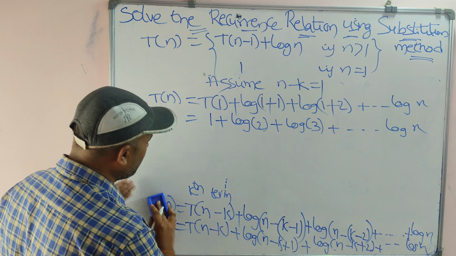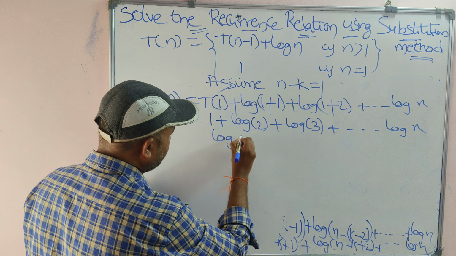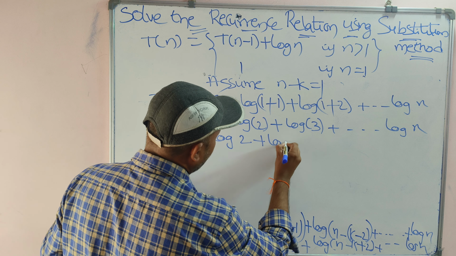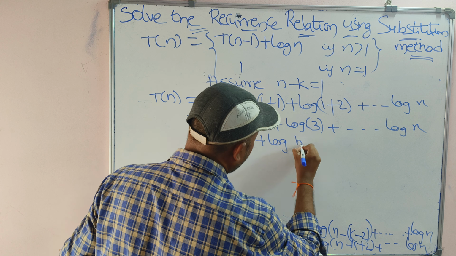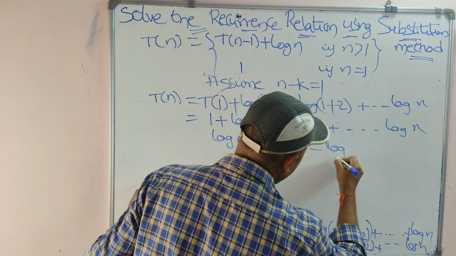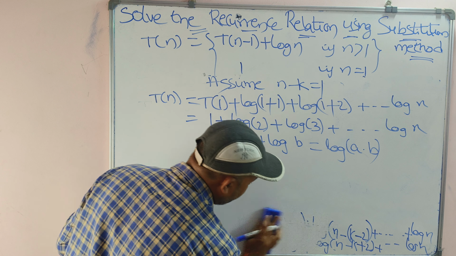Here we have a formula. Log a plus log b equal to log of a into b. So what is the formula?